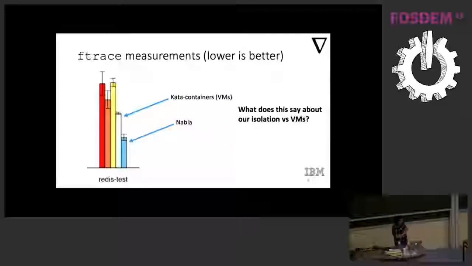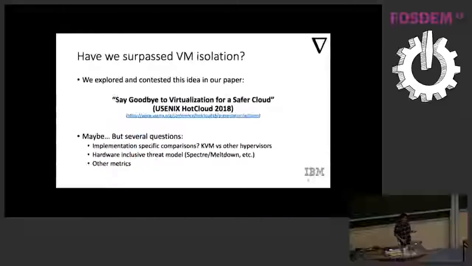Something we noticed when running experiments is that for certain measurements, Nabla was actually doing a little better than some virtualization technologies. So we asked ourselves, have we achieved something here? We wrote a paper about this. I won't go into too much detail because it's a talk on its own, but you can read the paper.